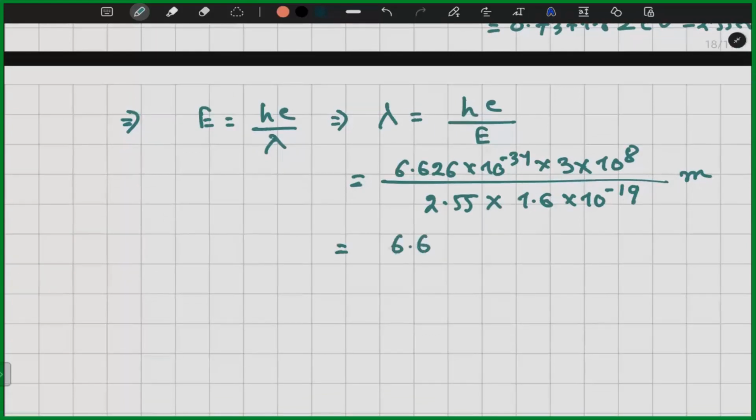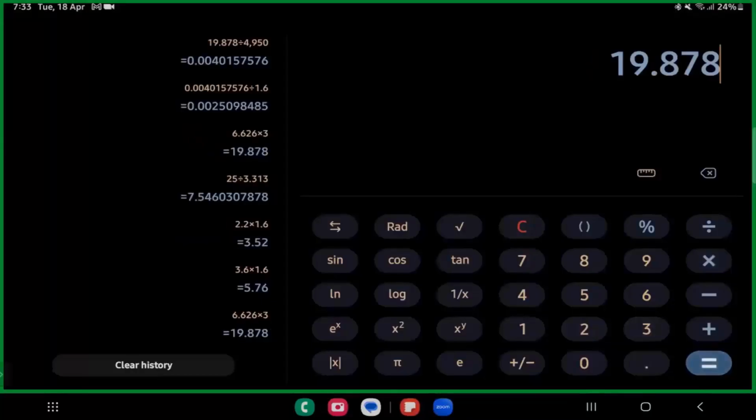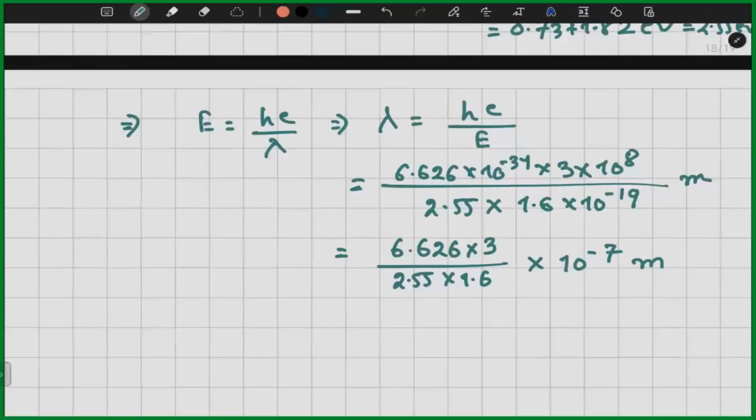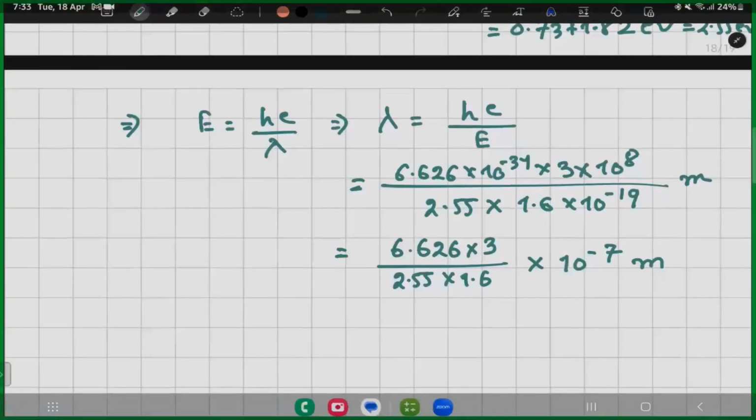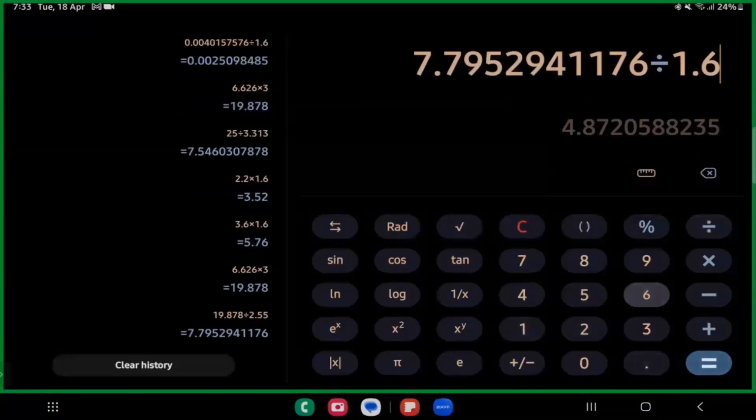So it is 6.626 into 3 divided by 2.55 into 1.6, and this is 34 into 8 minus 26, and here is 9. So this is 6.626 into 3 divided by 2.55, 1.6, 4.872.